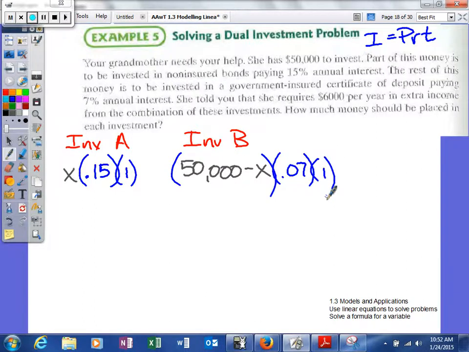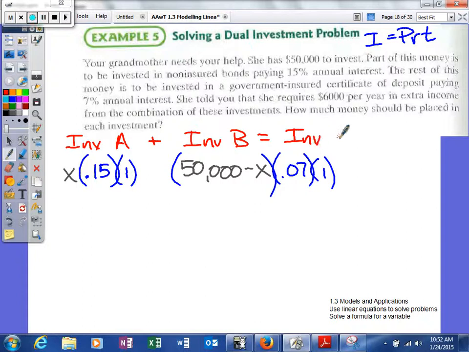Now she wants the combined interest to be $6,000. So what we're going to do is add these together, and we should get our total interest. I guess I should say interest instead of investment.